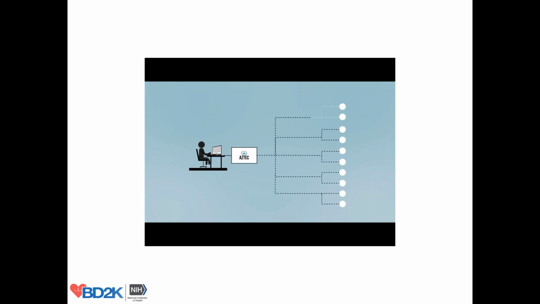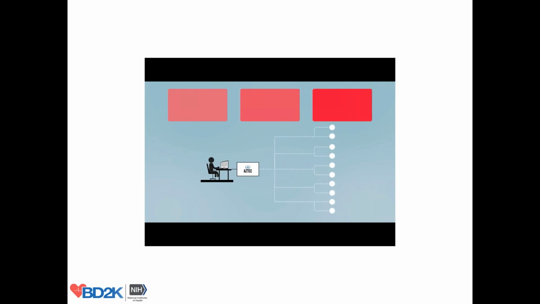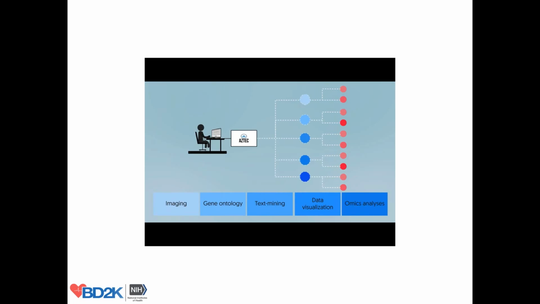It sustains its objective by allowing users to simultaneously search a diverse array of tools. These indexed resources include web services, standalone software, and large libraries composed of many interrelated functions. These tools and resources span domains as diverse as imaging, gene ontology, text mining, data visualization, and omics analyses.